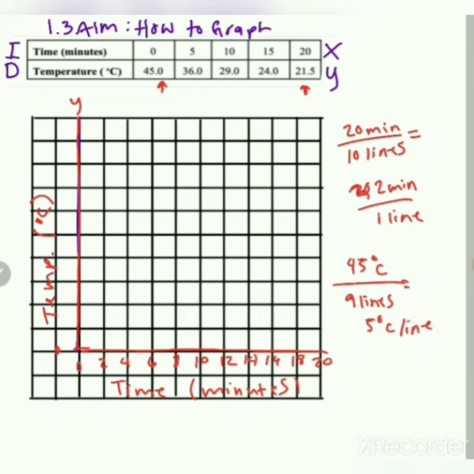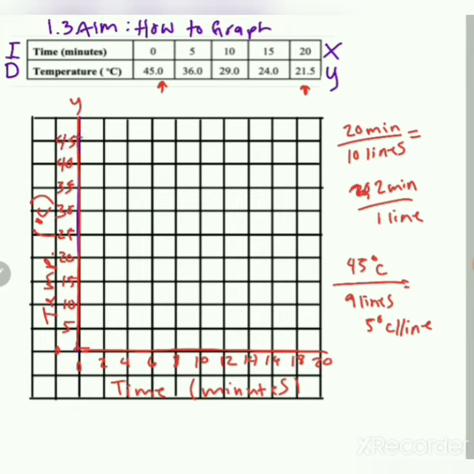That means my graph on the y-axis is going to go up by 5 degrees Celsius every space. So that's going to be 5, 10, 15, 20, 25, 30, 35, 40, and then 45. And then we have some space at the top.